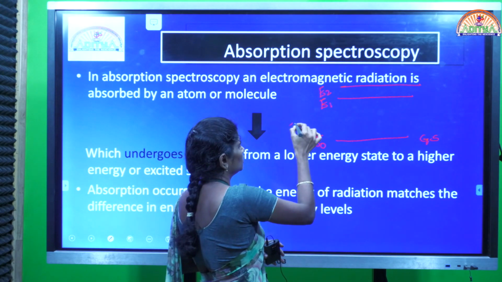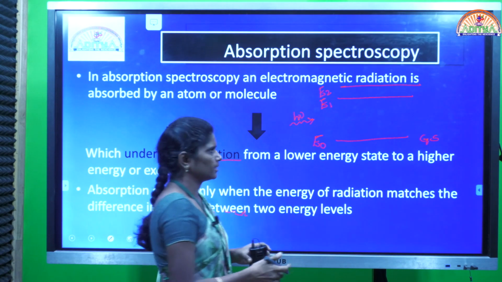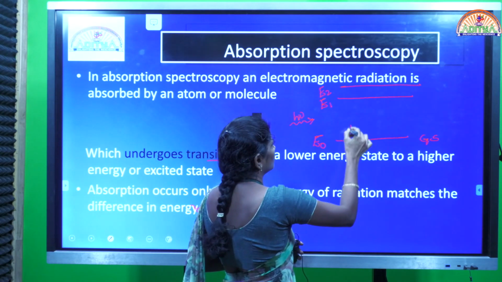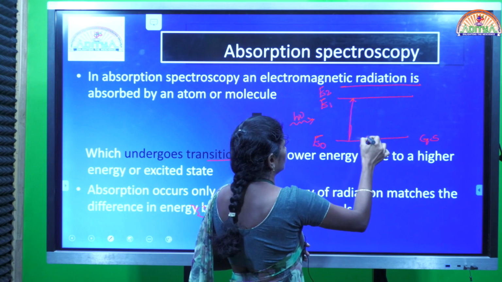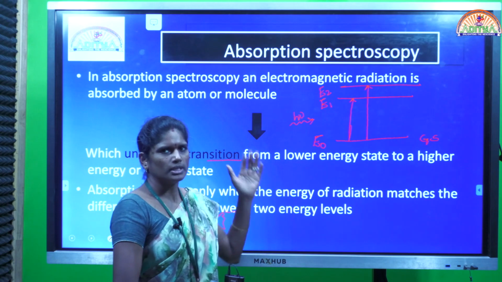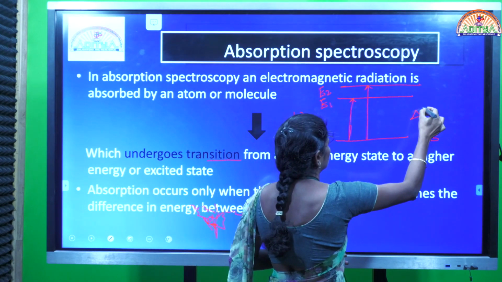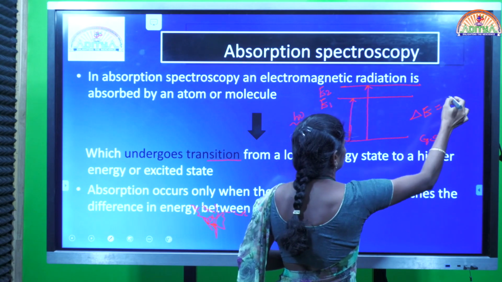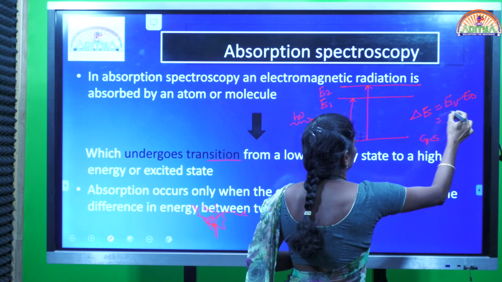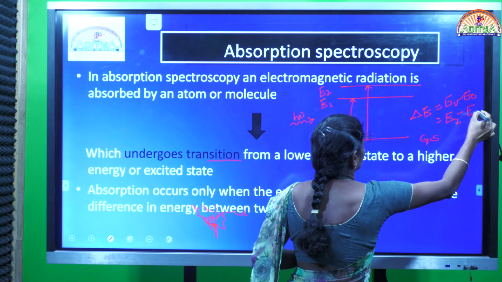When the radiation is given to such a sample, absorption takes place, and the electron from the ground state will be promoted to the higher energy level, such as from E0 to E1 or from E0 to E2. The energy difference between these electronic energy levels is given as E1 minus E0 or E2 minus E0.